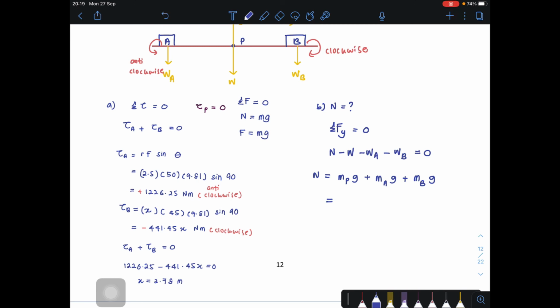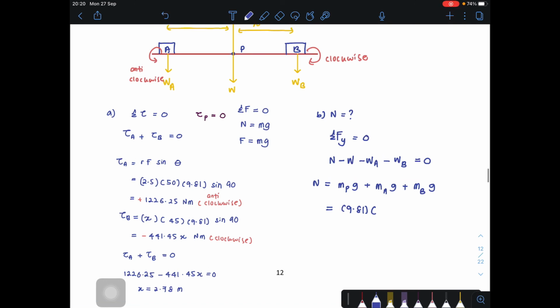So now put in 9.81 times the mass: MP, the mass of the board, is 2, plus 50, plus 45. Let me calculate first. So 951.57 newtons.